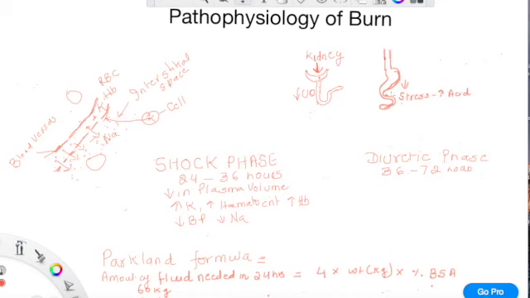The other thing that can happen during this stage, because of a lot of stress, is that the person's stomach will produce more acid. And we already know there is a decreased blood supply to this area, because the body has decreased blood in its blood vessels.